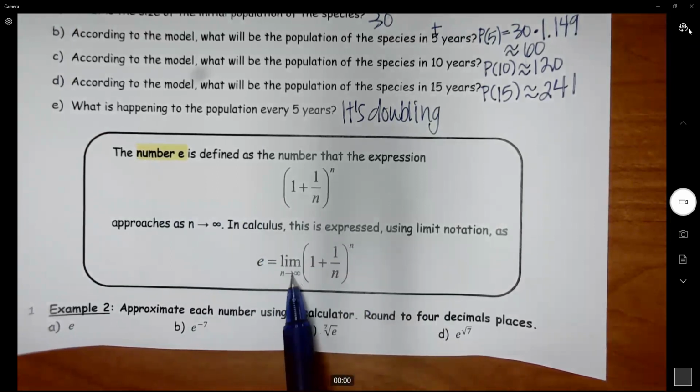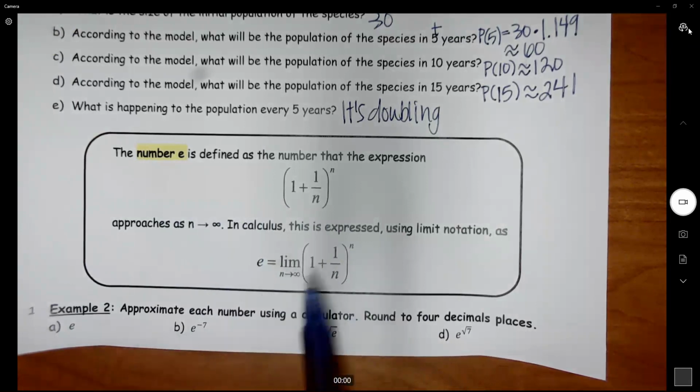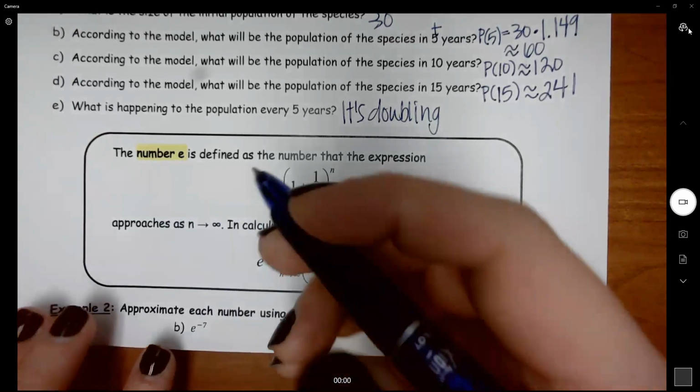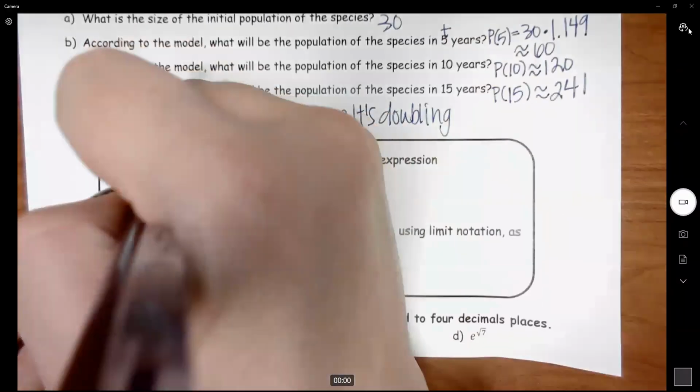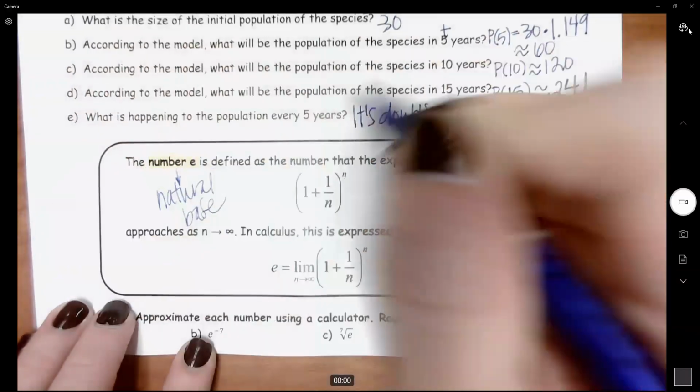So e is the limit as n approaches infinity of this expression. This really isn't that important, okay? But the number e is also a natural base, again, for your homework.